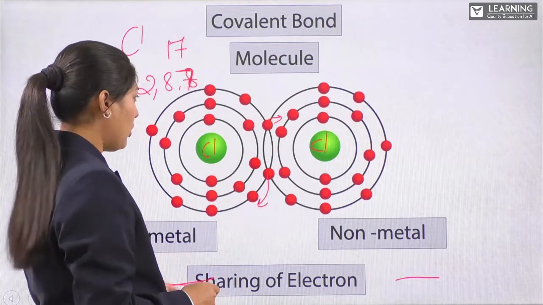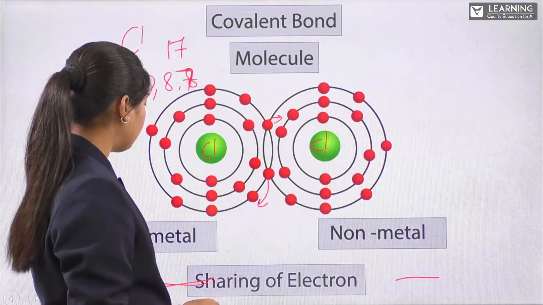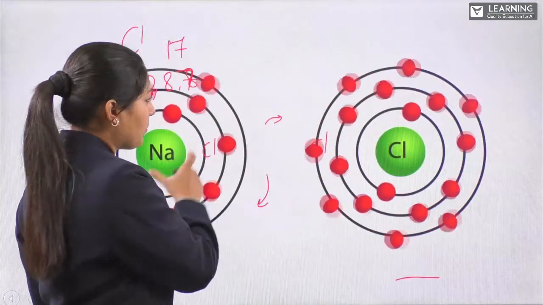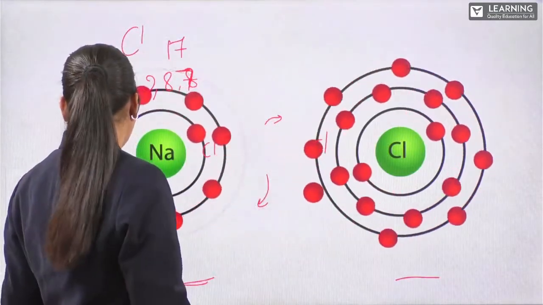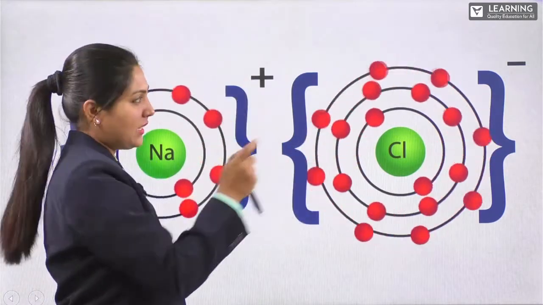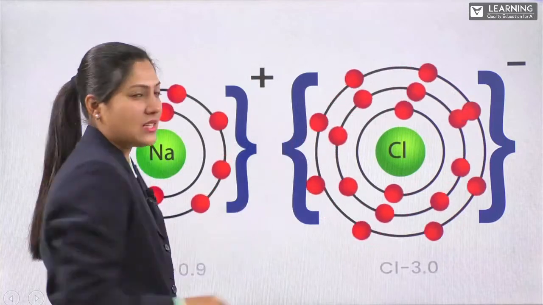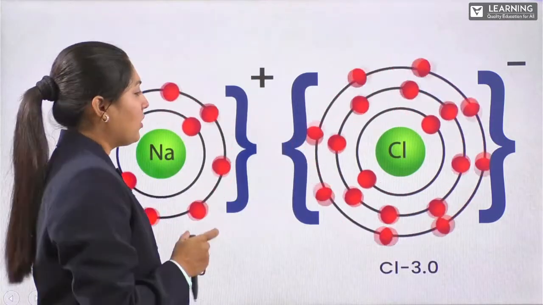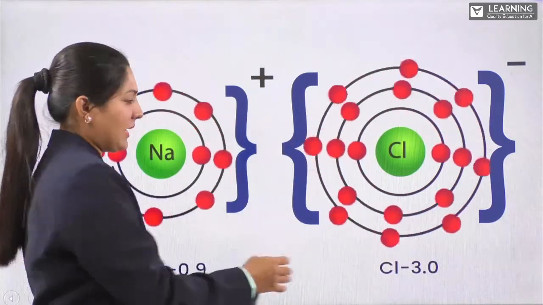Whereas previously what we saw, when we have this metal and non-metal combined together to give you ions, right? Positive charge and negative charge, because transfer of electrons takes place. This we call an ionic bond. It depends on the electronegativity.